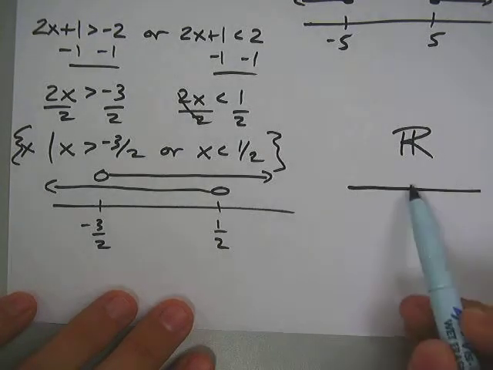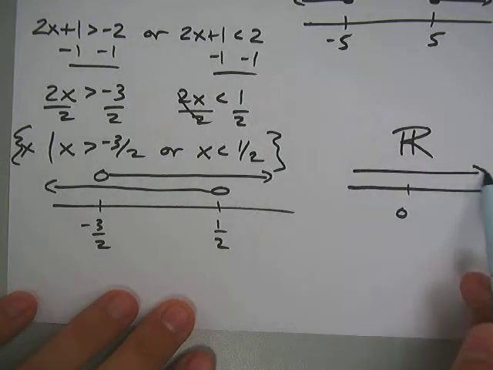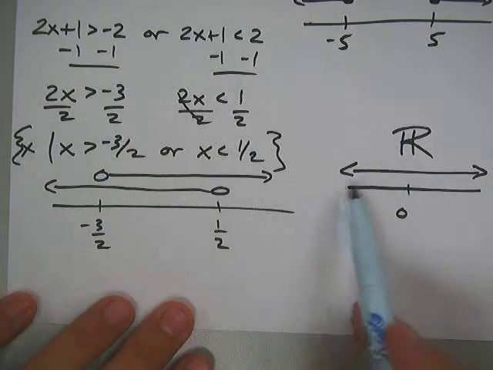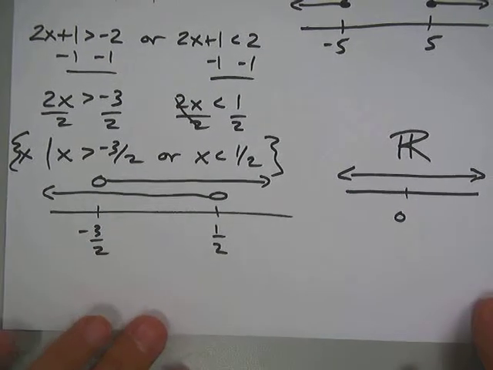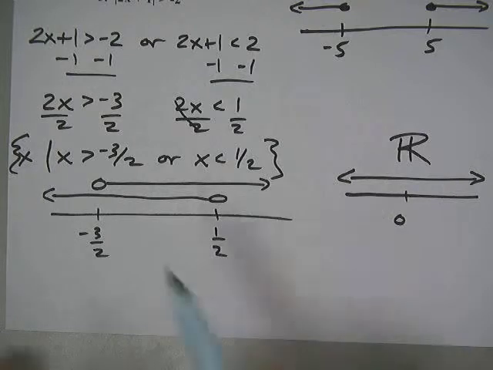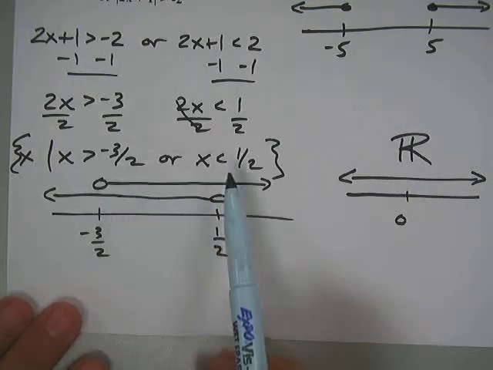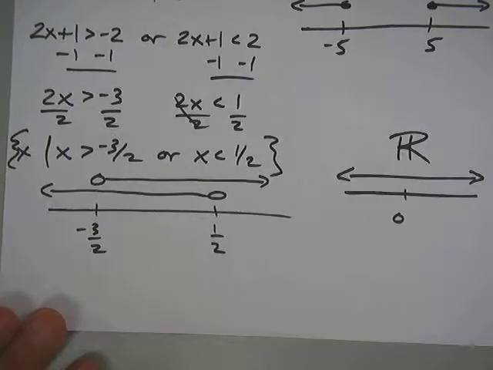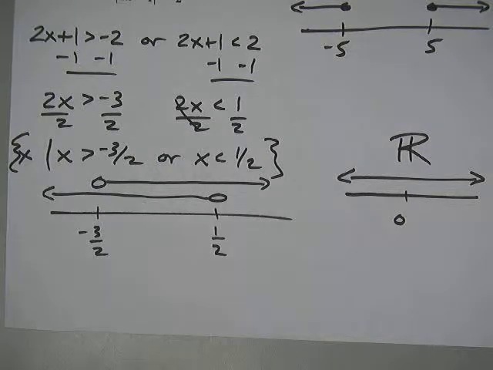So what does that mean? That means this really isn't my solution. My actual solution is all real numbers. Any number I pick will work. And that means my graph is actually this graph, a graph that shades all parts of the line.